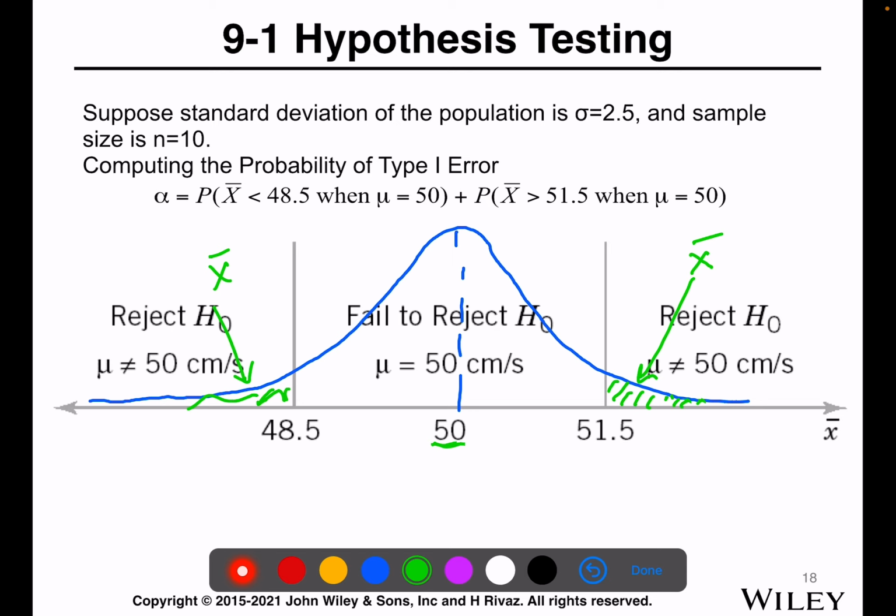And we remember the transformation for that. It was 48.5 minus the mean, divided by 2.5 divided by the square root of 10. That's it. So we solved the question. So this is Z. Can somebody please punch it into a calculator?